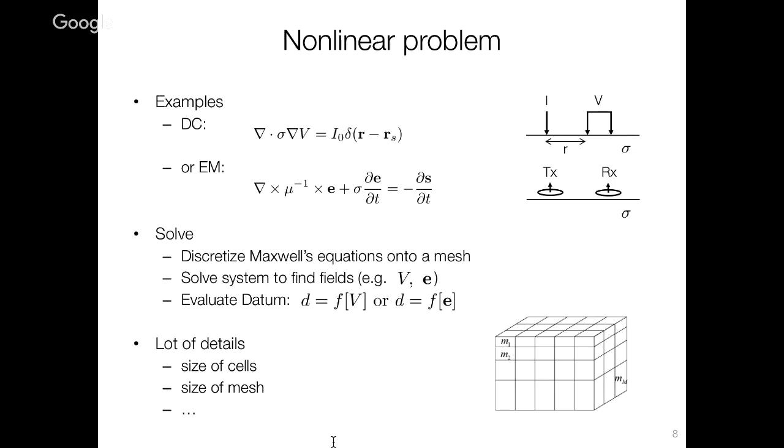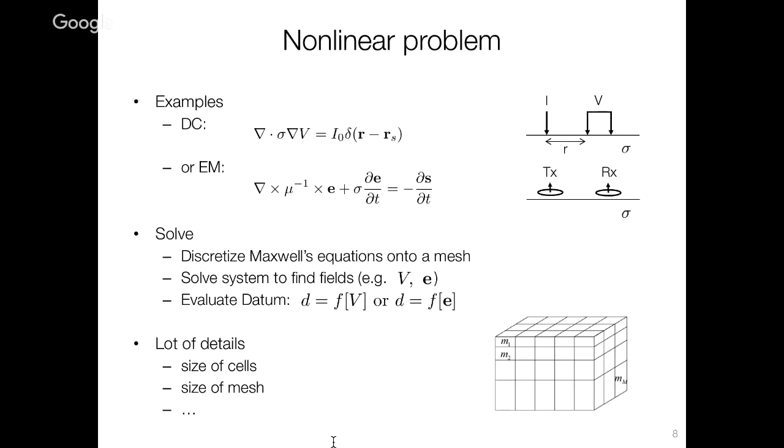But we do need to discretize it onto a mesh. And then we've got to solve a system of equations, either to find, in this case, the potential, or in this case for EM, to try to find E, the electric field. You can also formulate it to try to find H, all kinds of things possible.